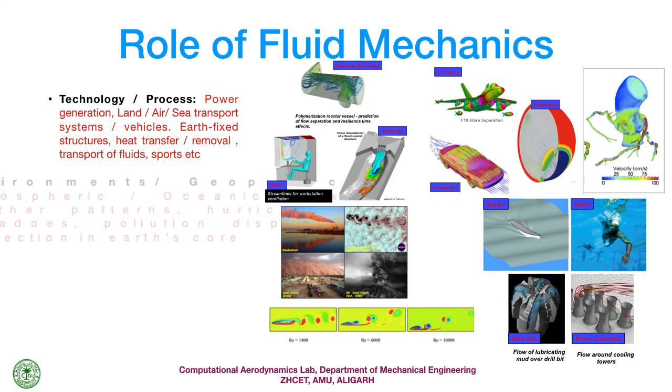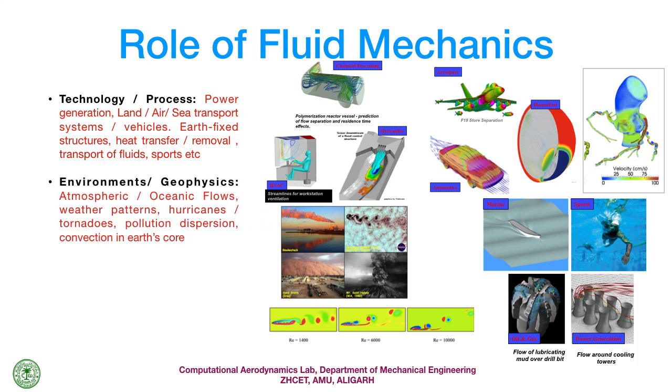So these are the places where people are using it in technology. Now in the environmental or geoscience areas, you can see there are examples of atmospheric or oceanic flows, weather prediction, hurricanes, pollution dispersion, and convection in the core. I have given you 4 examples.